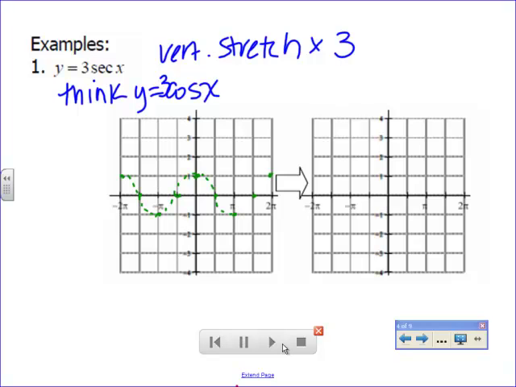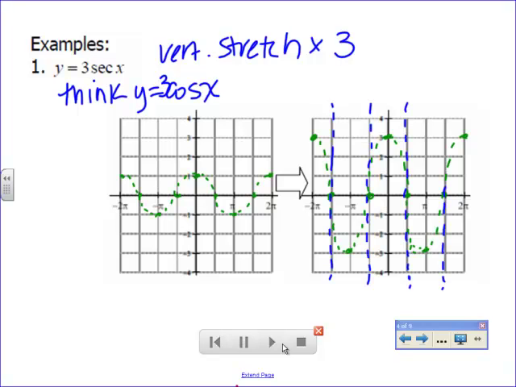Vertical stretch times 3 is going to move any point at positive 1 to positive 3, any point at negative 1 to negative 3, and any point at 0 is going to stay at 0. 0 times 3 equals 0. Again, draw in the points, connect them with a nice smooth dashed curve. Any place you had a 0 should now be an asymptote.